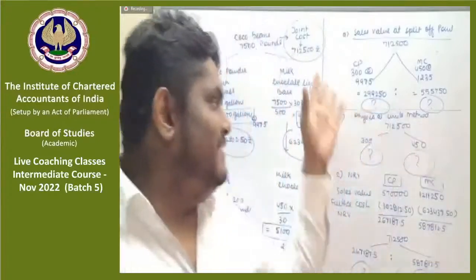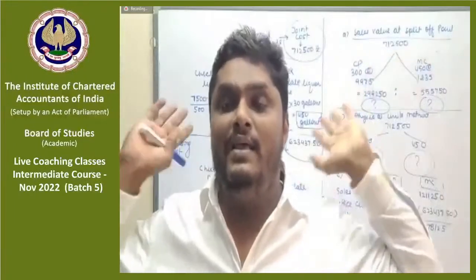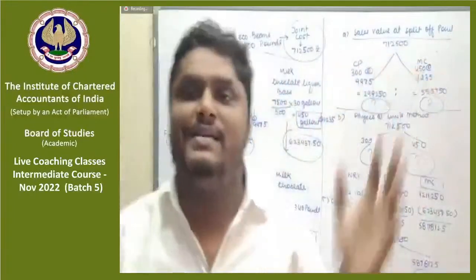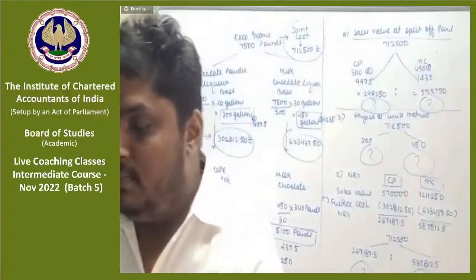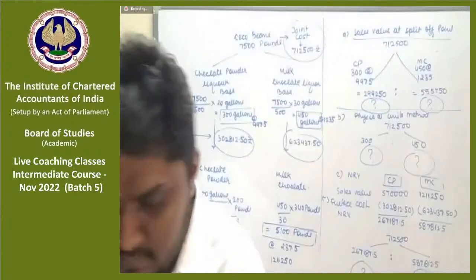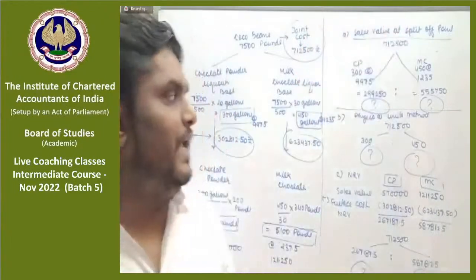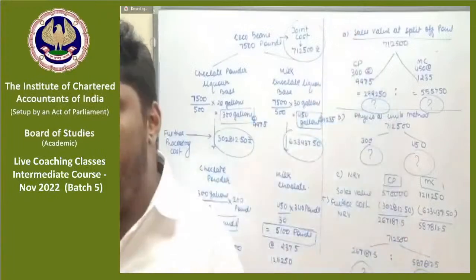Now see, once these extracts are ready, I'm not reading the entire theory part again and again. I'm just using these extracts and solving the question. I'm erasing this part. Those who want to take the screenshot can please take it.